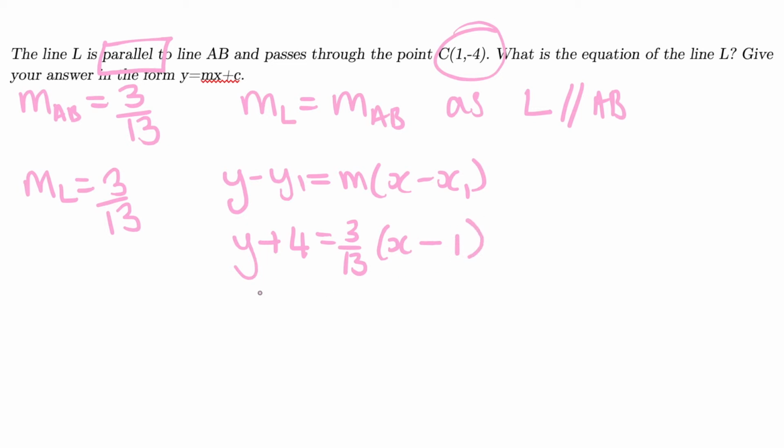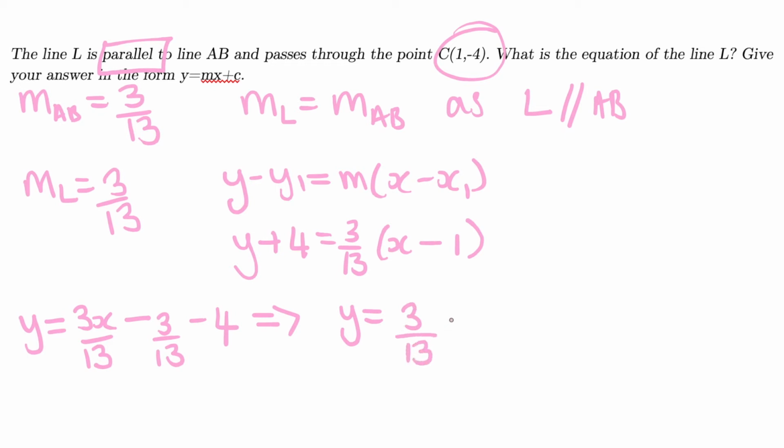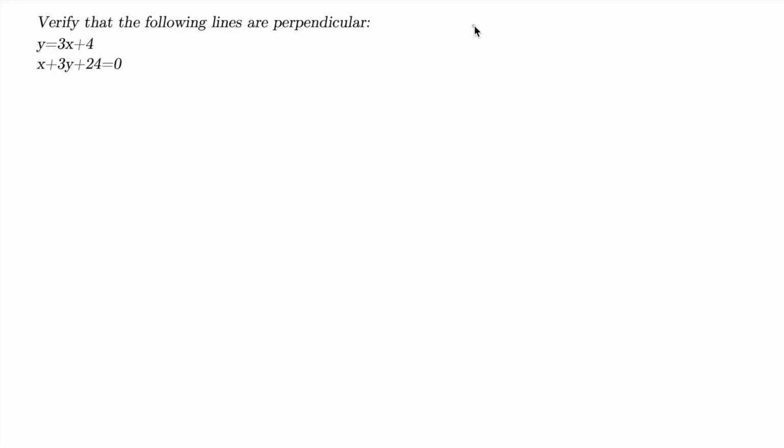That is the equation of the line, but we want it in the form y equals mx plus c. So we want y on one side, everything else on the other side. We end up with y equals 3x over 13 minus 3 over 13 minus 4, which equals 3 over 13 x minus 55 over 13.